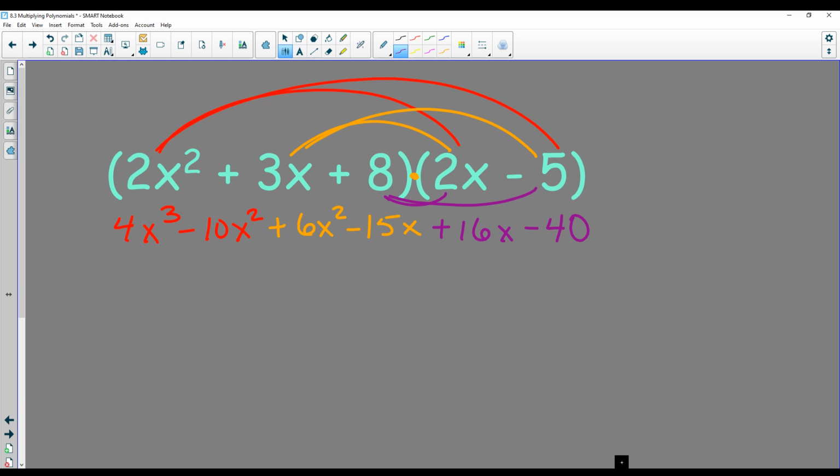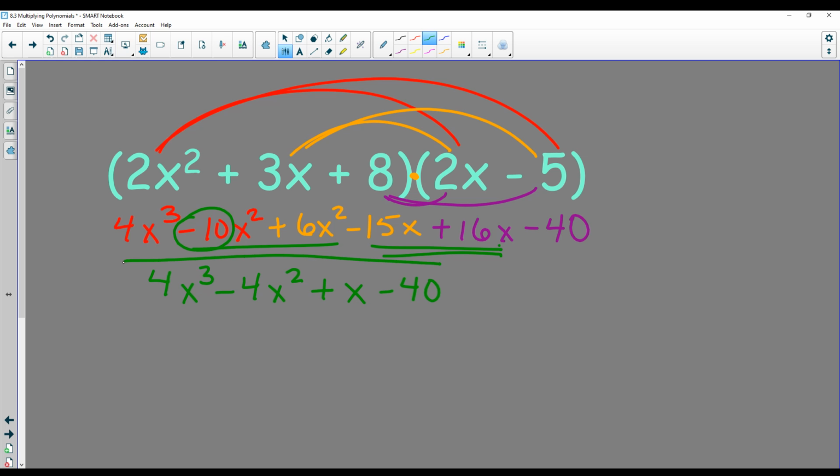So there's all our terms of the polynomial. Let's look for some like terms and see what we can put together. We've got some x squared that can go together and some x's. First one has to be the 4x cubed because that has the highest degree. Okay, don't forget to use this negative with the 10. And then we have a 1x here and a minus 40, if I did that all right.